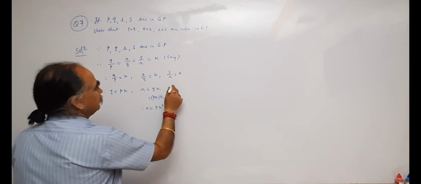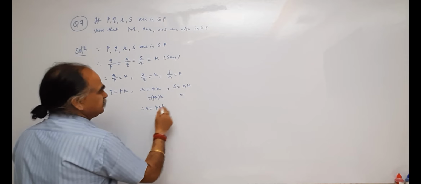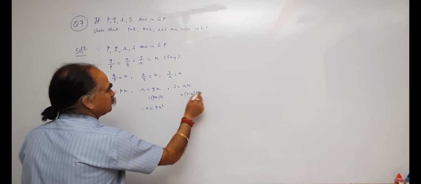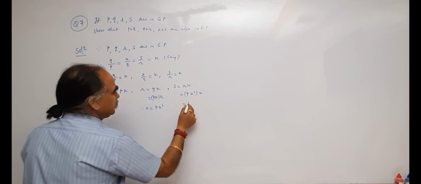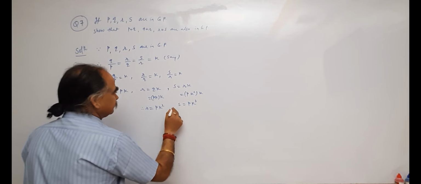And S is RK, R is PK square into K, which gives PK cube. This is S.